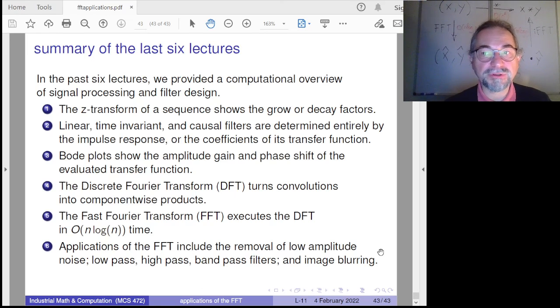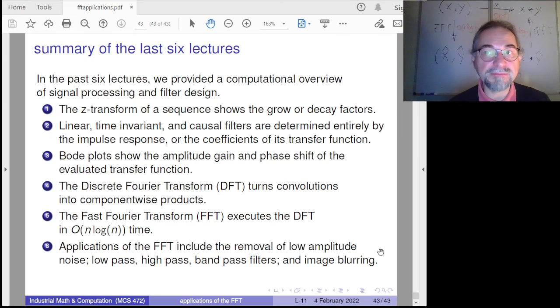So the transfer function then evaluated at a complex number, the complex number that encodes the frequency and the sampling rate, gives us then an impression of what the filter does, what is the gain and what is the phase shift, shown in the Bode plots. So that was what we did in the first week, ending at a conceptual way to design filters via interpolation.